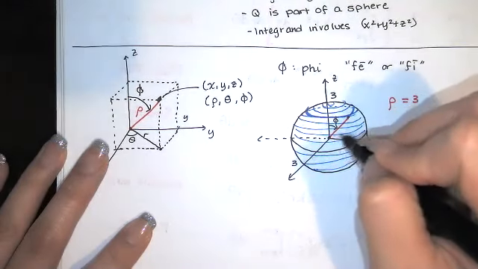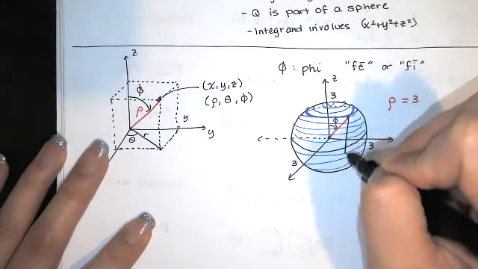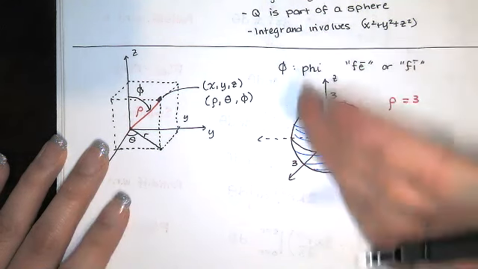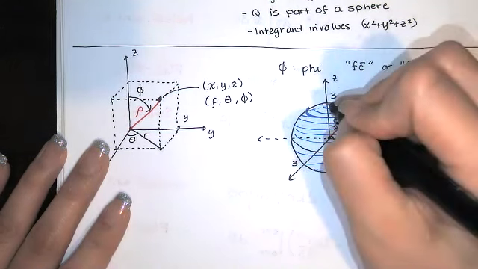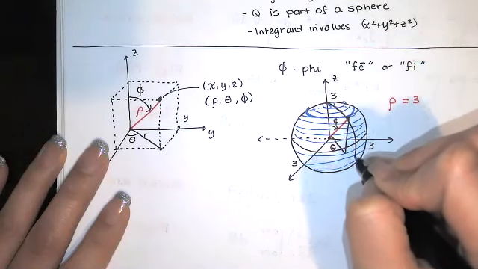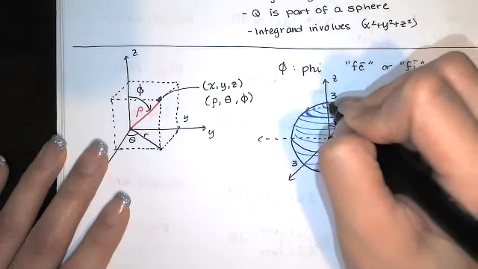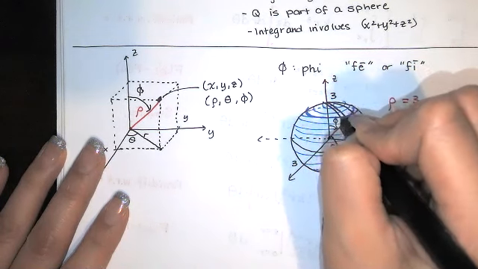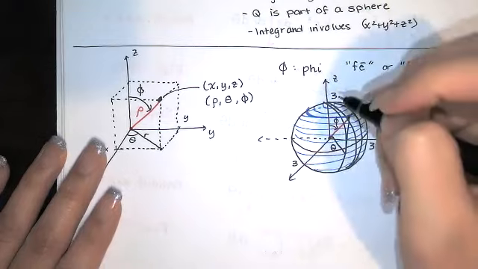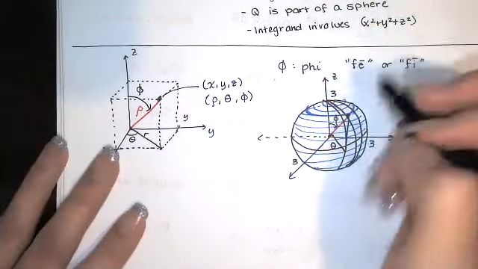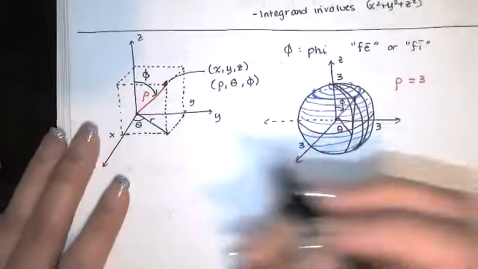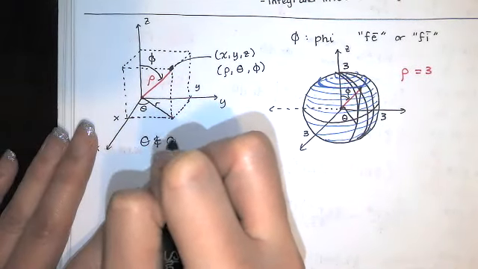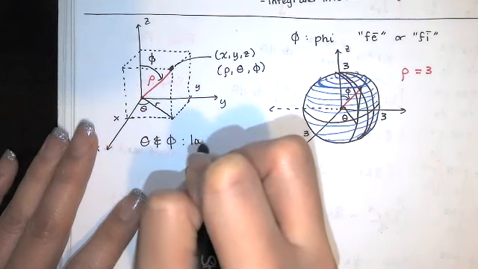Now, if theta is equal to a constant, well, that theta is going to intersect our sphere on a circle like this. These are really bad. You know what? I'm going to stop trying to draw these pictures. So theta and phi correspond to like latitude and longitude, basically.